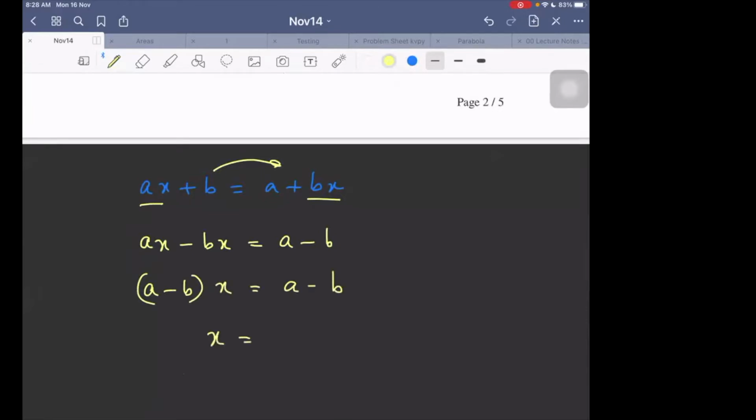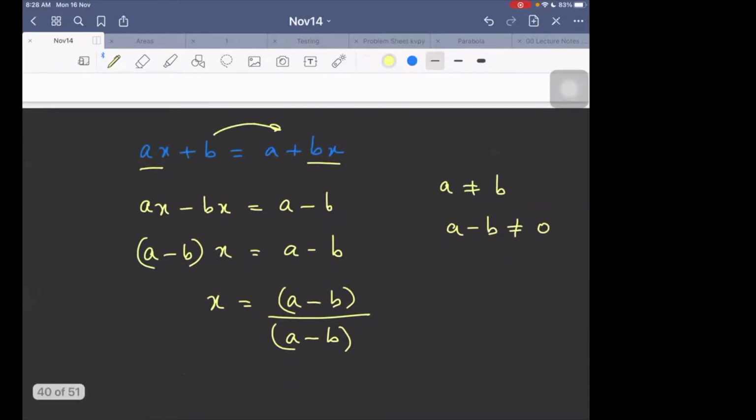And x is equal to a minus b divided by a minus b. Since it's given that a is not equal to b, a minus b will not be equal to 0. So since it is a non-zero number, you can easily cancel these off and you get 1. This is a regular way of doing it.